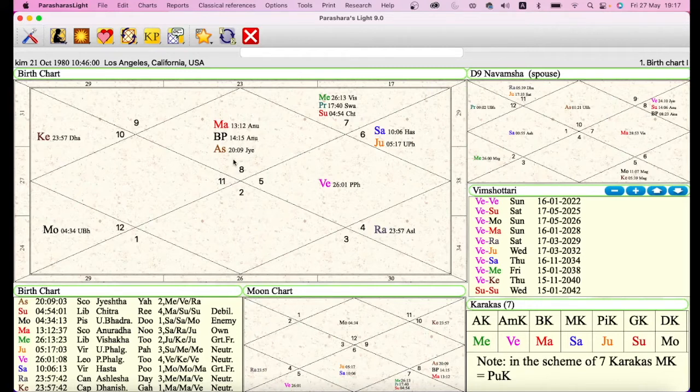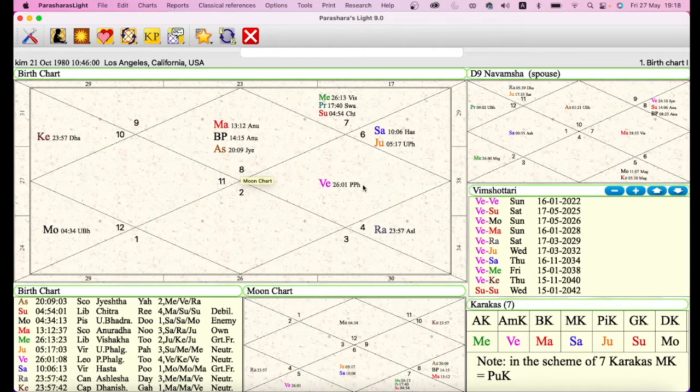You can see this is the first house, this is the second house, this is the third, the fourth house, fifth house, 6, 7, 8, 9, 10, 11, 12th house, and these numbers here, these are the zodiac signs. So the BHRIGU BINDU point, your destiny point, is the midpoint between Rahu and Moon.